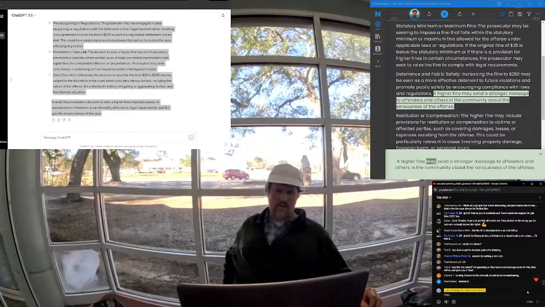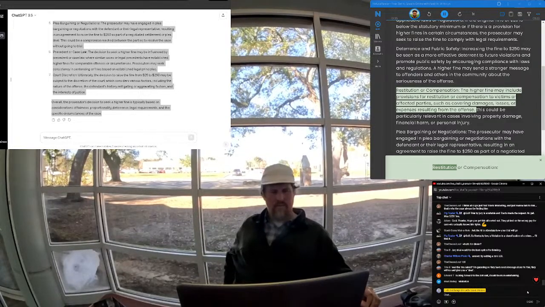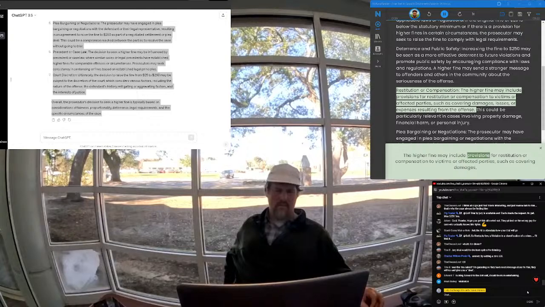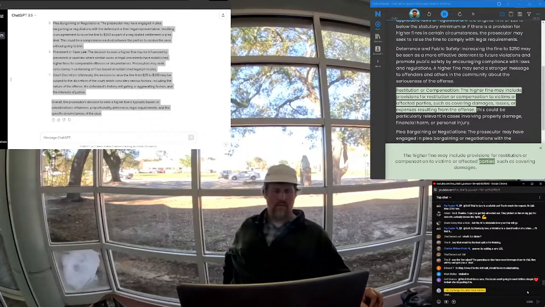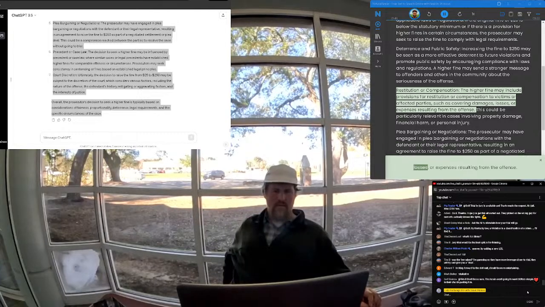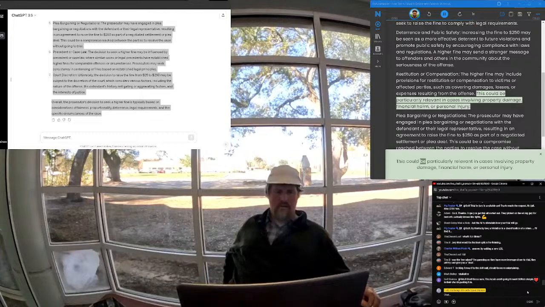A higher fine may send a stronger message to offenders and others in the community about the seriousness of the offense. Restitution or compensation. The higher fine may include provisions for restitution or compensation to victims or affected parties, such as covering damages, losses, or expenses resulting from the offense. This could be particularly relevant in cases involving property damage, financial harm, or personal injury.